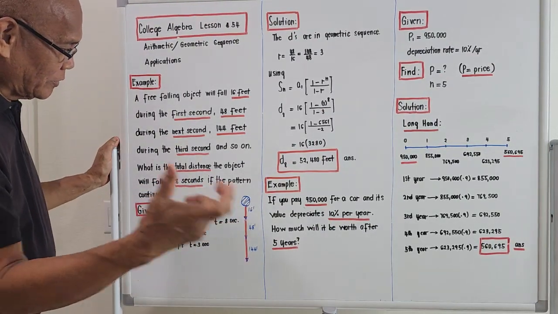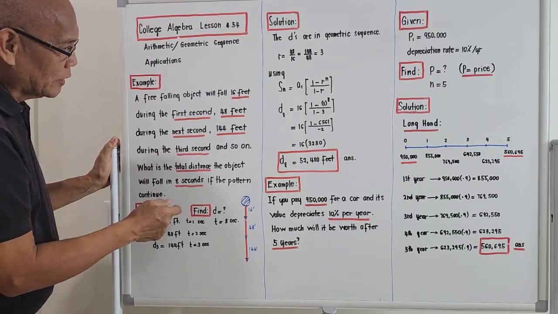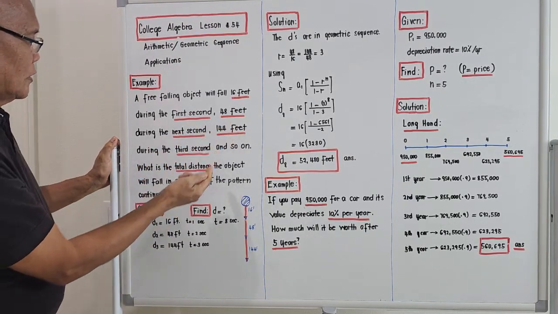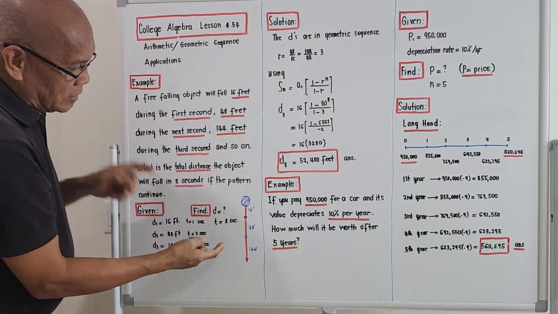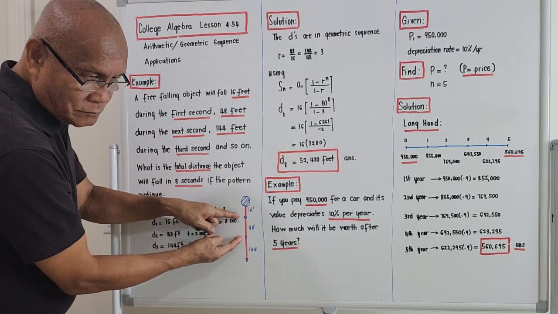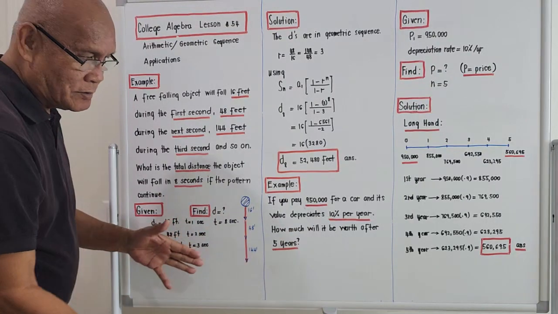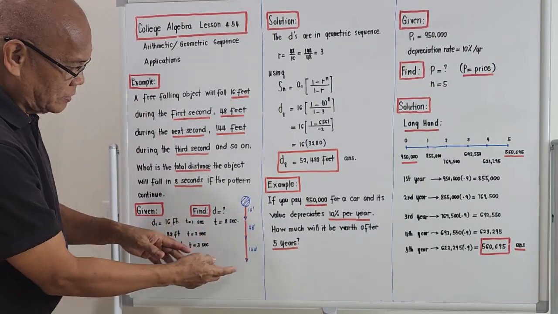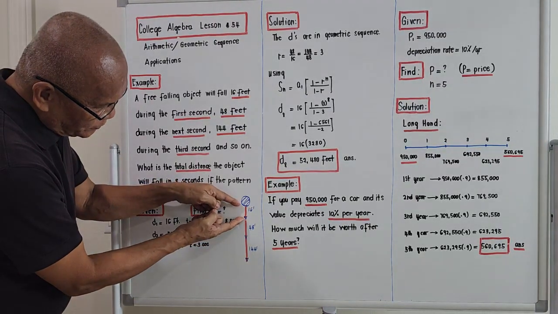And according to the given condition of the problem, on the next second, it travels 48 feet. After another second, it travels 48 feet. On the third second, meaning after 3 seconds, it traveled 144 feet. So initially, first second, 16 feet.